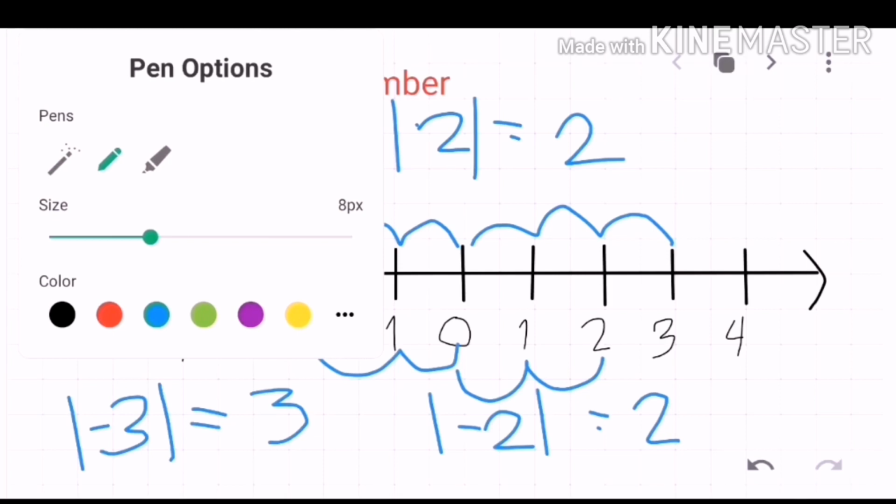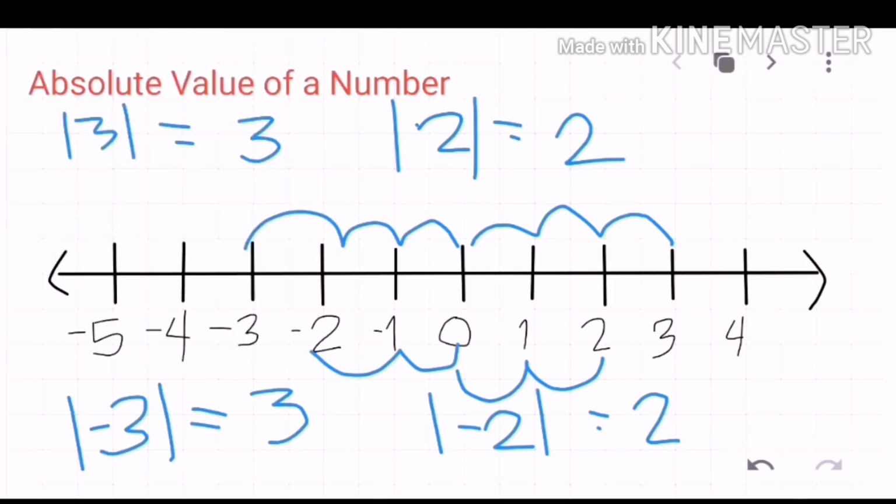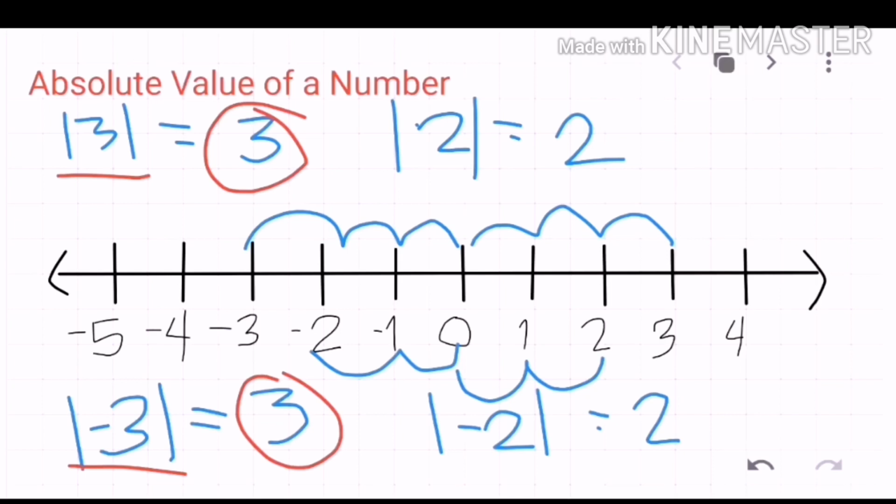Now as you can see here, the absolute values obtained from a positive and a negative number with the same digit are just the same. So the absolute value of positive 2 and the absolute value of negative 2 are the same.